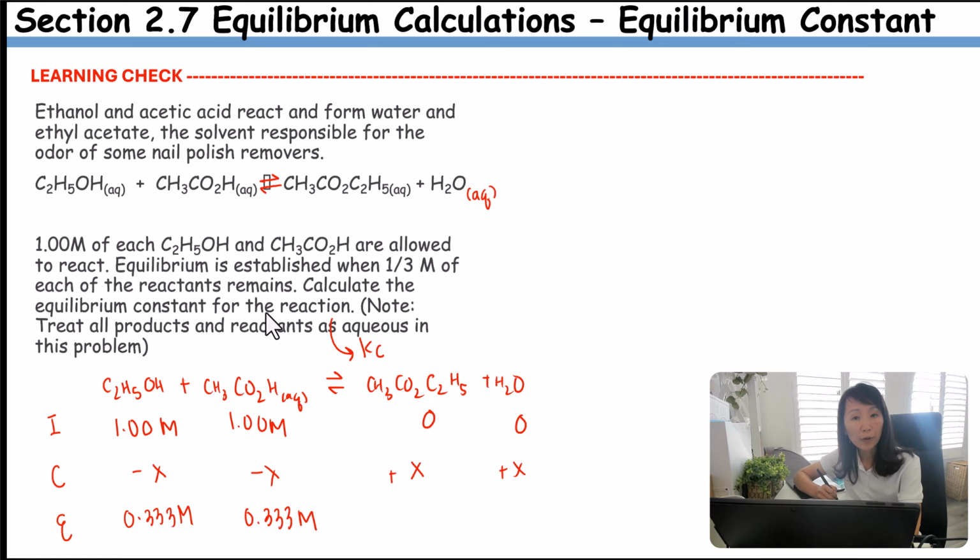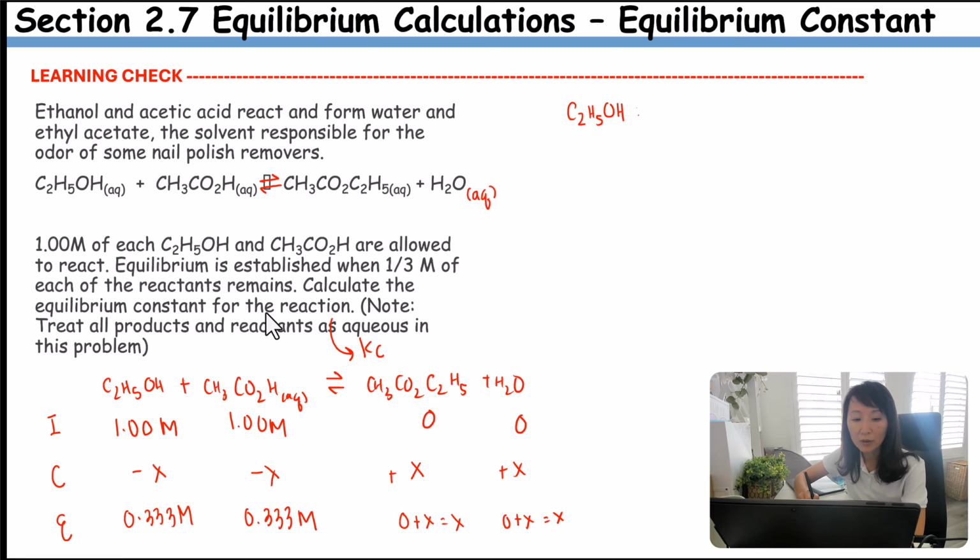Now for the product, we know that it has gained, we know that it's just 0 plus the x, which is just x. Now we can definitely solve for x here. So let's look at C2H5OH, ethanol.